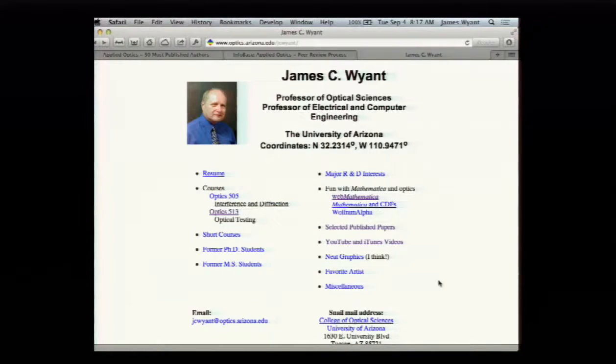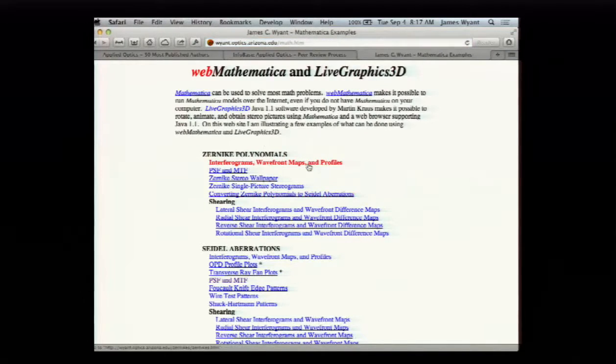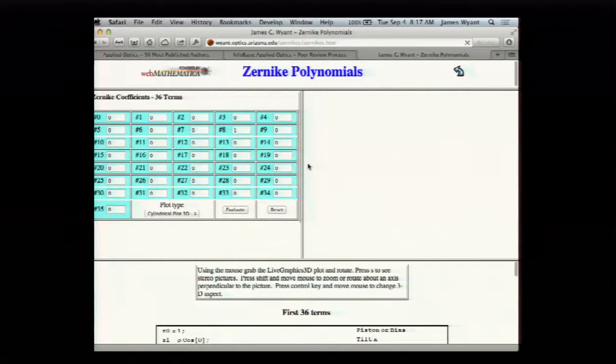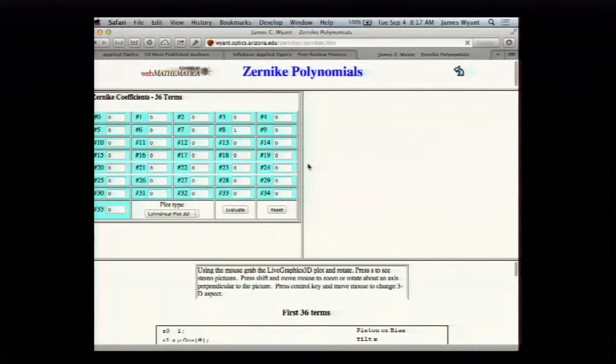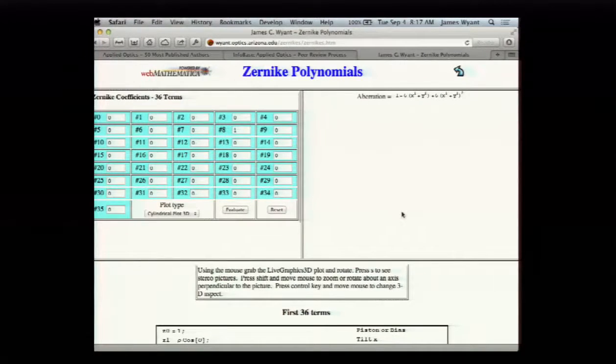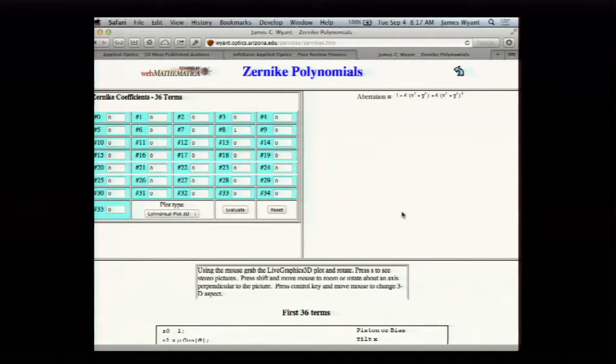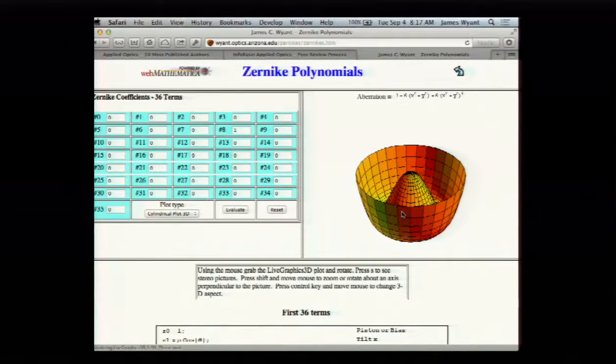And again, you could go up to the website here and you could find, I put 35 Zernike here, and it's a little slow at calculating. Let's see if it's going to calculate it. Finally did.